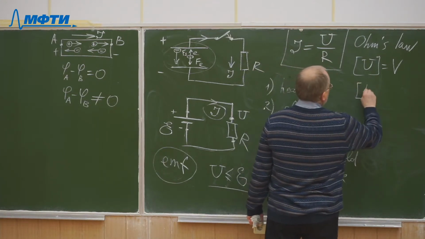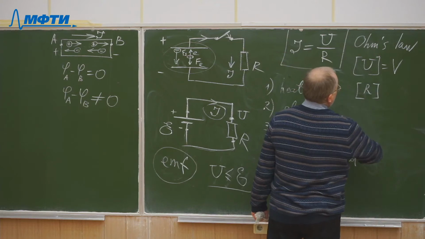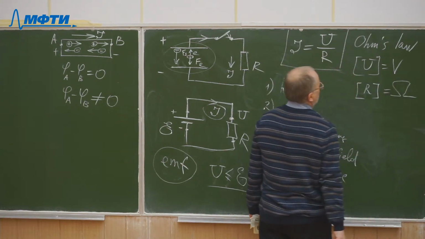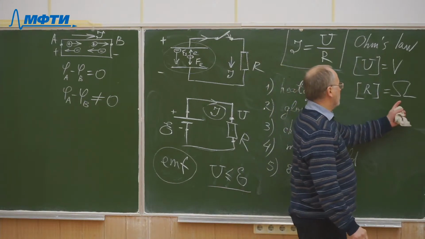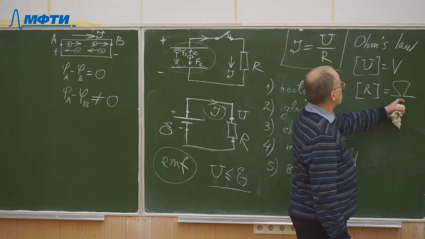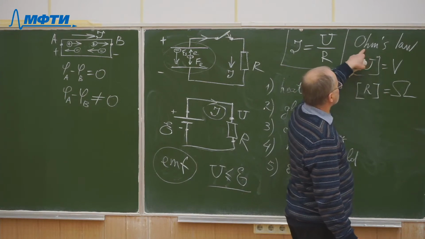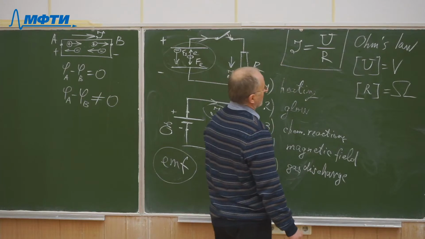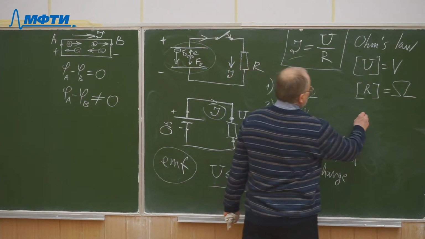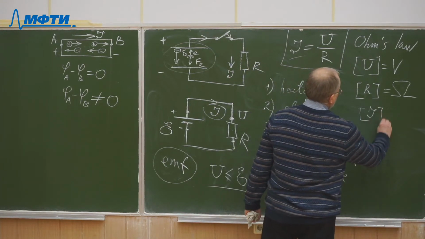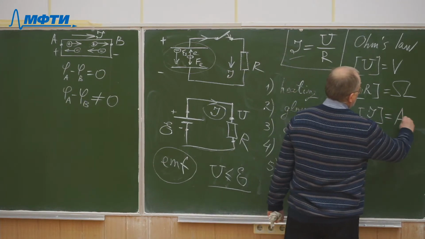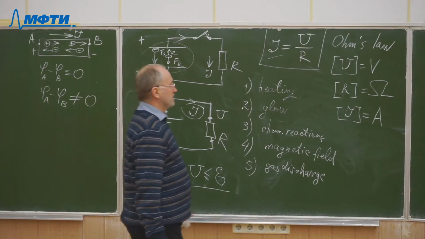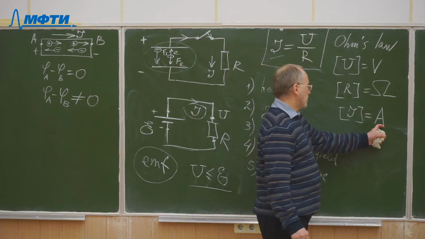The resistance is measured in ohms, using the surname of the physicist who discovered this law experimentally. And the current strength is measured in amperes, again in honor of the scientist named Ampere, Charles Ampere.